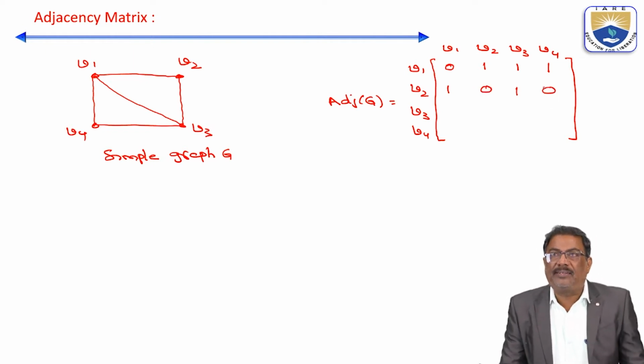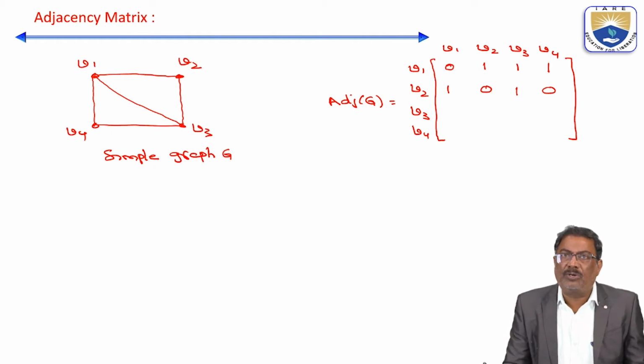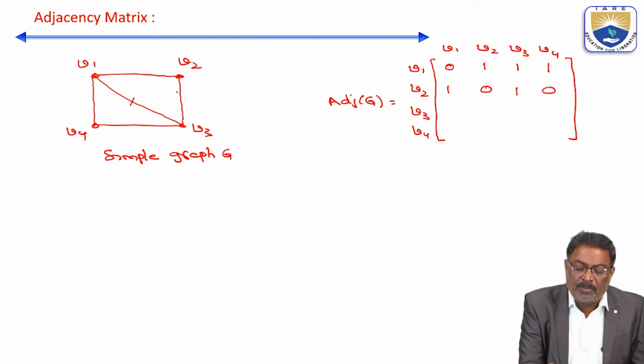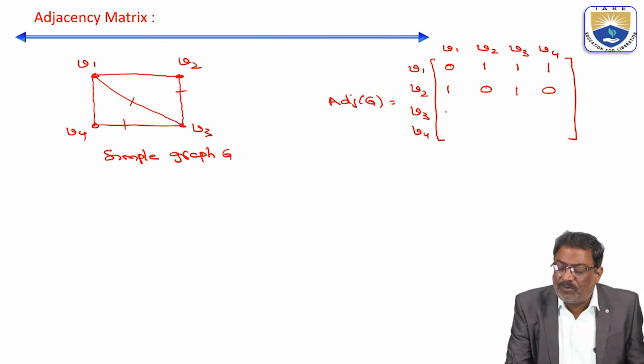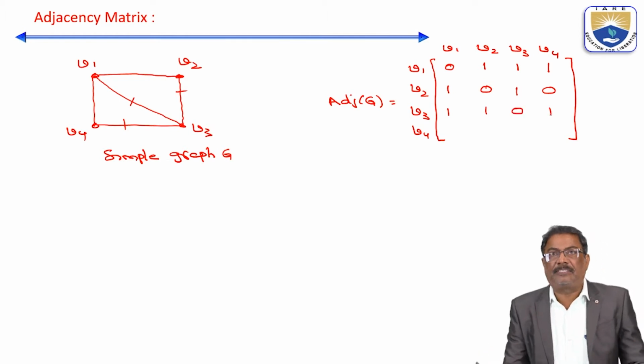Now if I consider V3, there are edges from V3 to V1, V2 and V4. So V1 there is an edge, V2 there is an edge, V3 there is no edge, and V4 there is an edge.